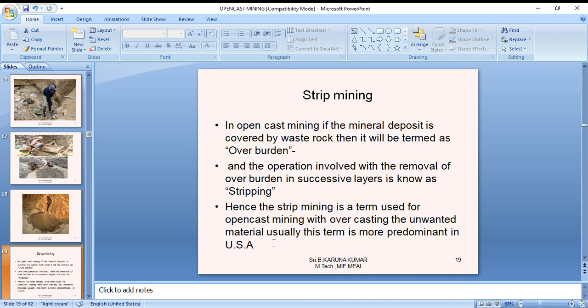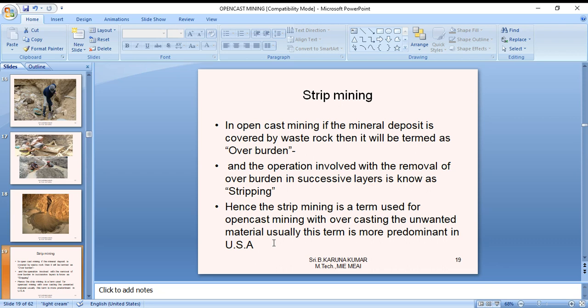Strip mining is mostly used in open cast mines to remove the unwanted material. This term is more predominant in the United States of America, and this operation is also used in other countries.